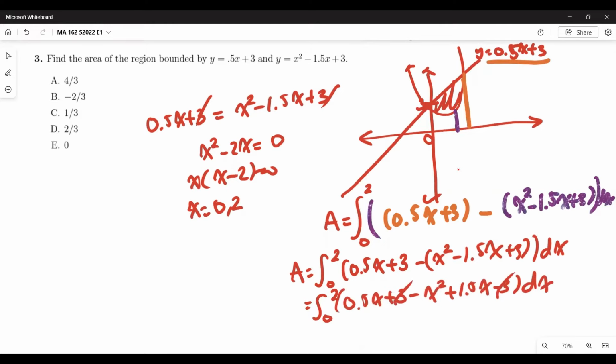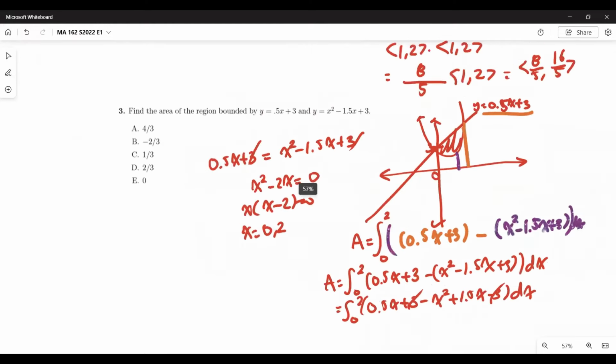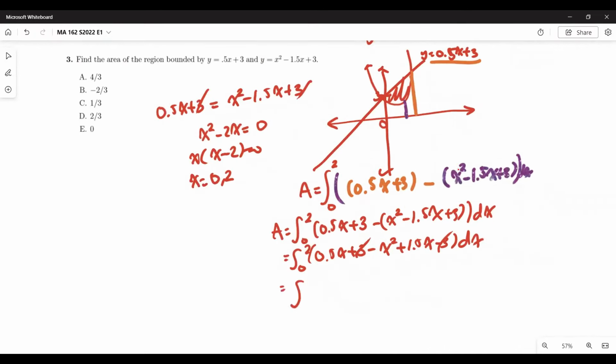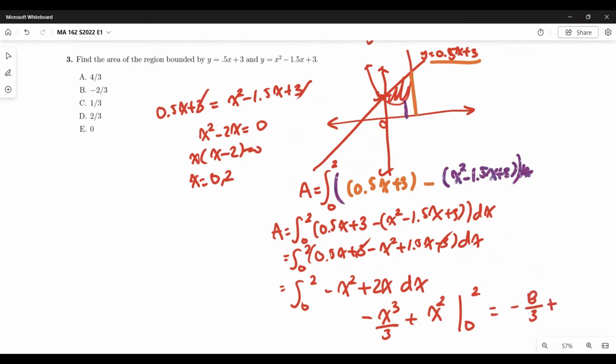The 3 and -3 cancel out, and this becomes the integral from 0 to 2 of -x^2 + 2x dx. If you integrate this, it's -x^3/3 + x^2, from 0 to 2. So this becomes -8/3 + 4, which is 4/3. So the answer is A.